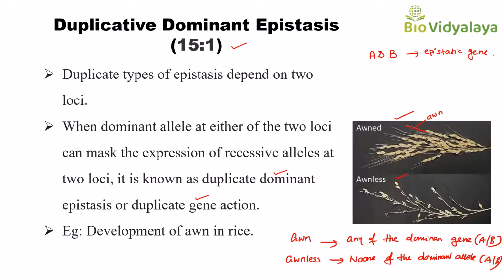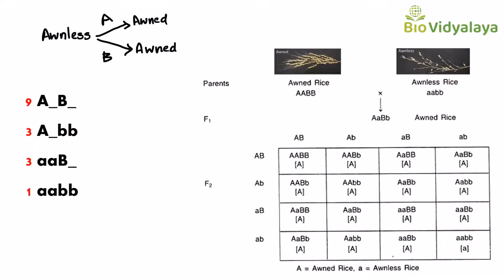So, in duplicate dominant epistasis, the dominant form of either of the two genes can mask the expression of the recessive form of the other gene. Here, both genes A and B can be epistatic genes. This is the pathway of awnless to awn.